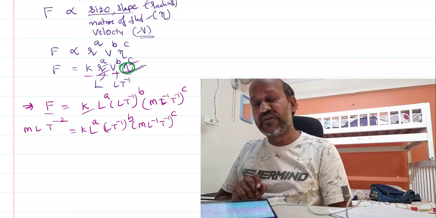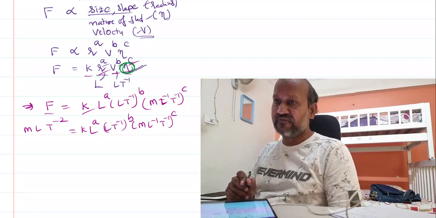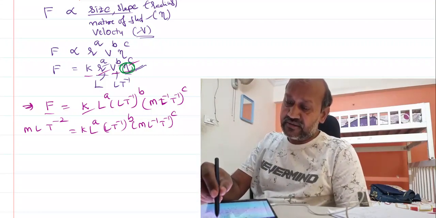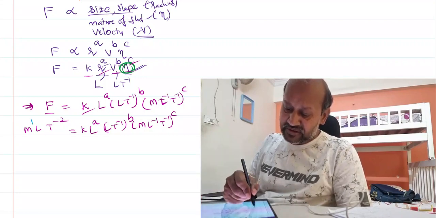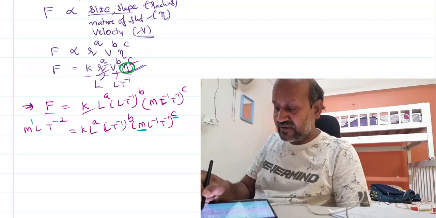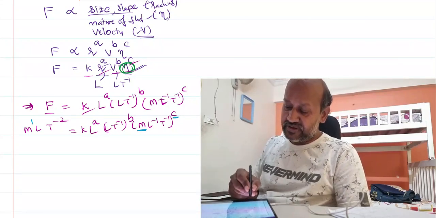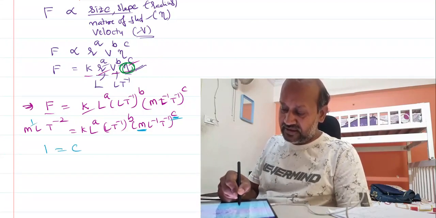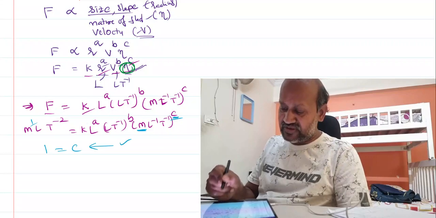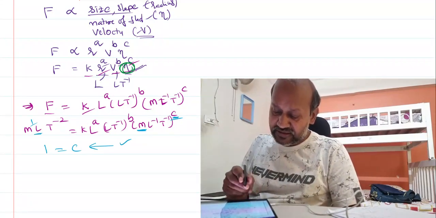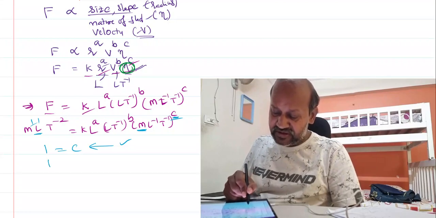Let me equate the dimensions of mass first on both left hand side and right hand side. On the left hand side, we have dimensions of M to the power 1. On the right hand side, you have dimensions of M to the power C. So equating dimensions of mass, 1 here, C here, nothing else. So I straight away got the value of C equal to 1. Let me equate the dimensions of length. Left hand side, the dimension is only 1.